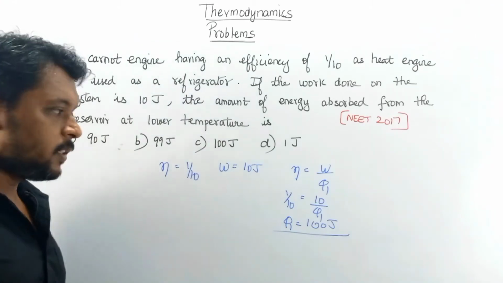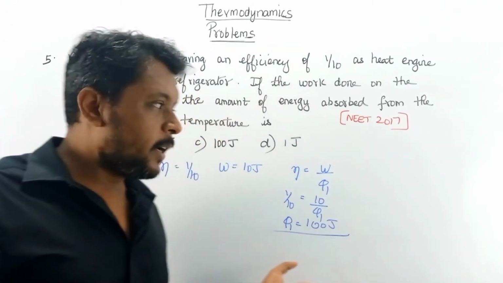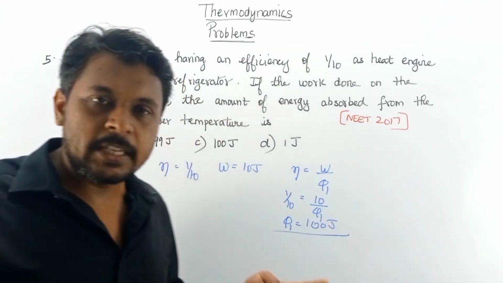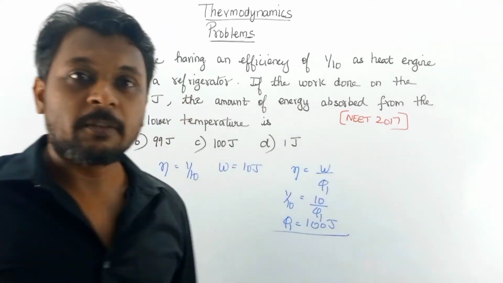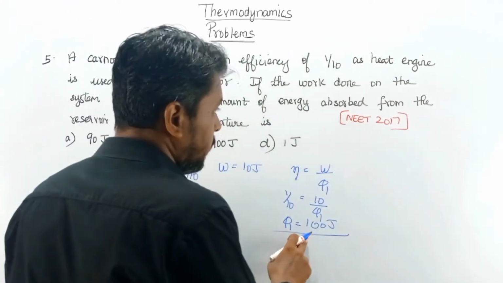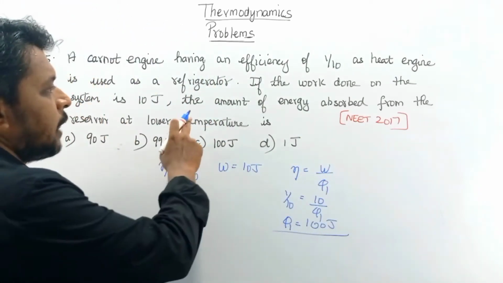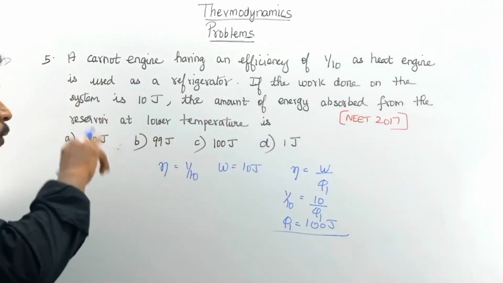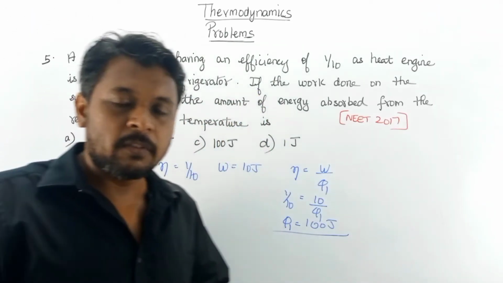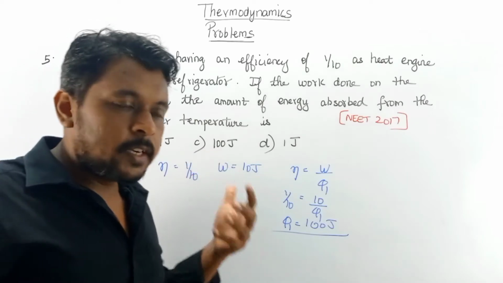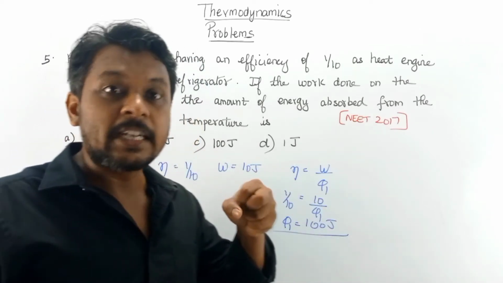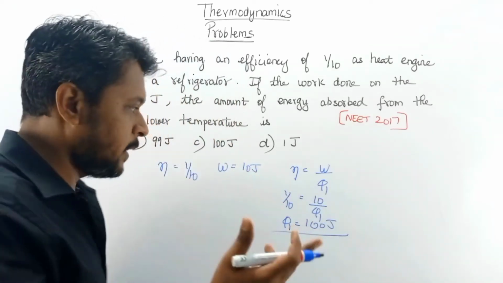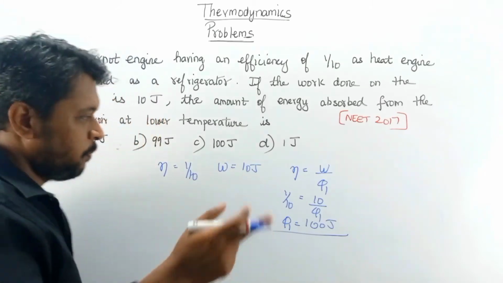In case of a heat engine, it is the heat or energy absorbed, but when it is used as a refrigerator, it is the heat released to the atmosphere, or the hot reservoir temperature. But what is the question asked? The amount of heat energy absorbed from the reservoir at low temperature, because the role of a refrigerator is to absorb heat energy from the low temperature reservoir. So they are asking for Q2.